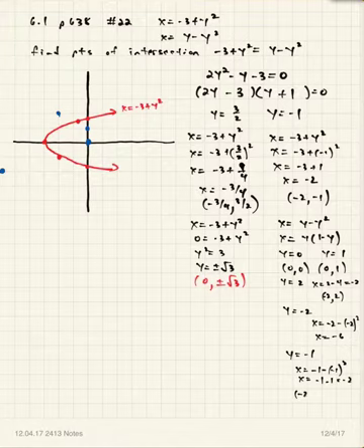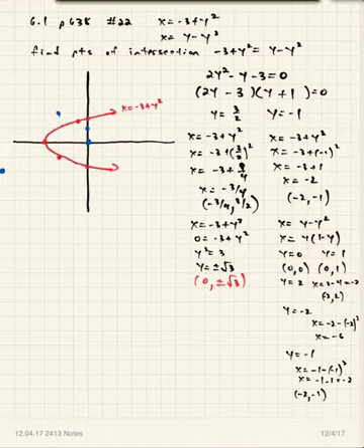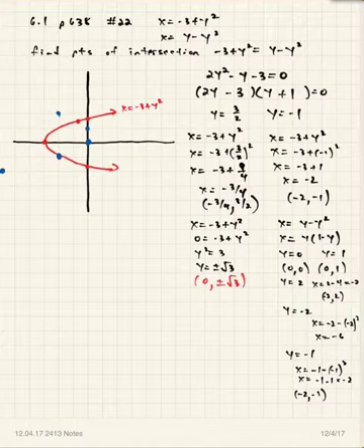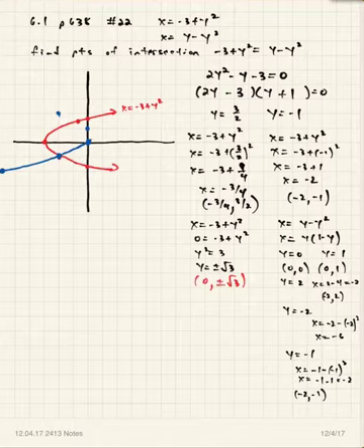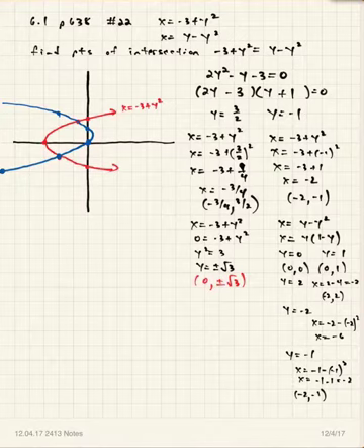So you get the point (-2, -1), which goes right there. So you can start getting an idea of what this parabola is going to look like. There's going to be a vertex in here somewhere, and this parabola is going to look like this. And so we are looking for the area of the region bounded between these two curves, and that's this area right here.